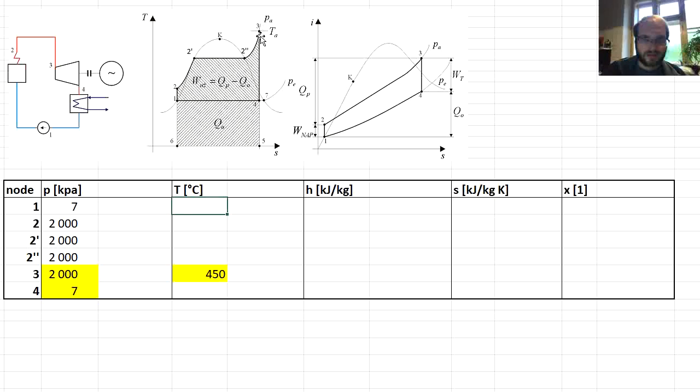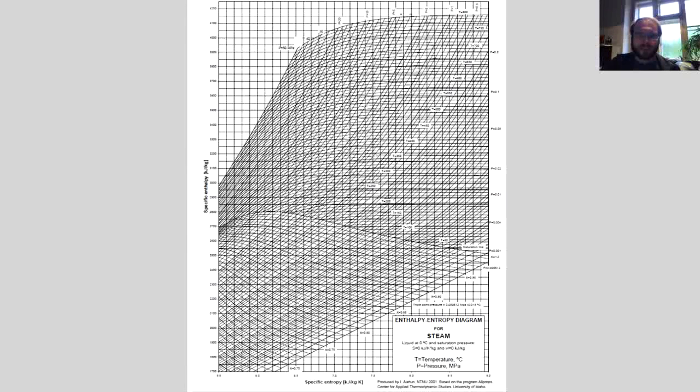Now, in state number 3, we have pressure and temperature. Those are two independent thermodynamic variables, so we'll use them and the enthalpy entropy diagram to get the enthalpy and entropy. So here you can see a big enthalpy entropy diagram for steam.